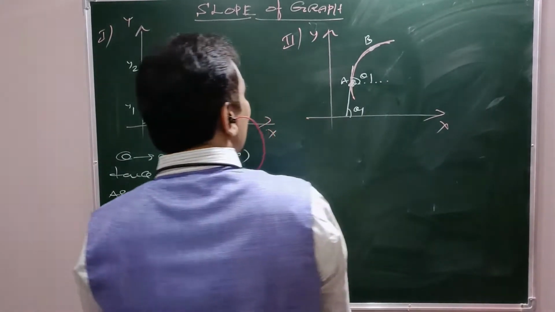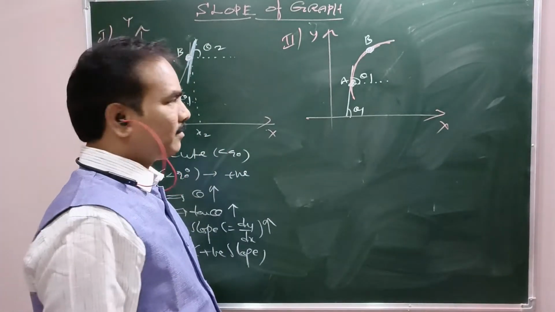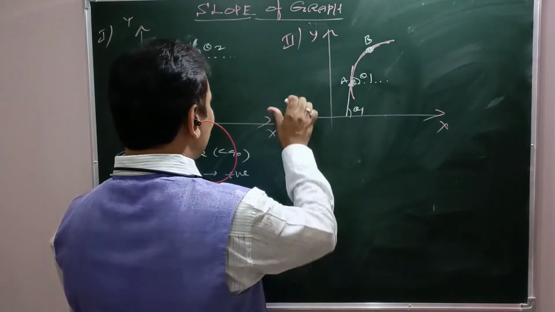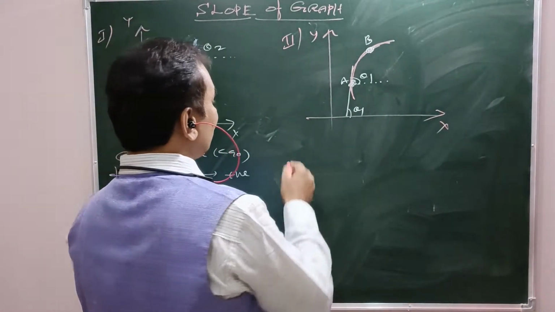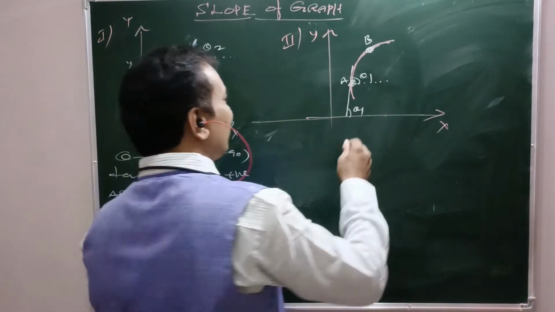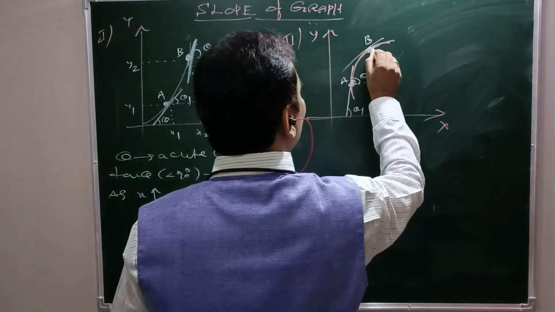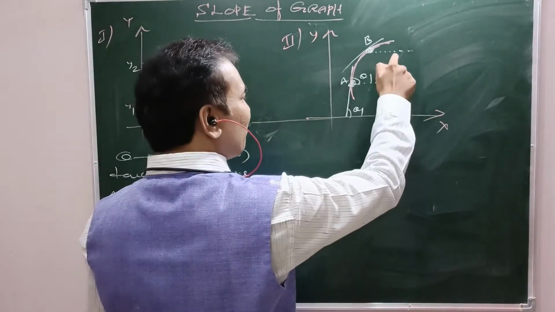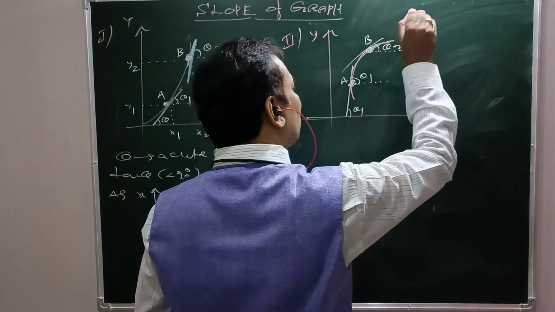Now, at point B, I am taking one more tangent. Suppose I am extending the x-axis like that. If I take one tangent at point B, see, this is the tangent. If I take one axis parallel to x here, this is parallel to x, so here we can take theta 2.